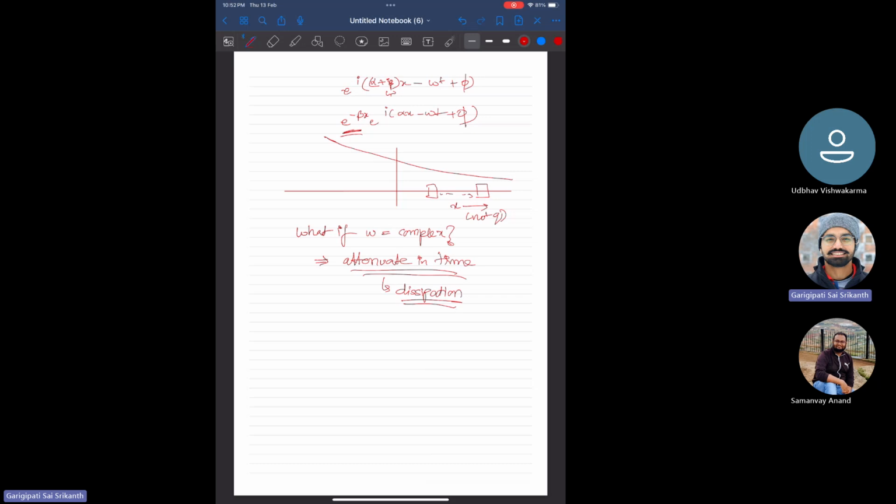Remember, there was some attenuation plot you were talking about. I haven't shown it in this course, but outside the course we had spoken about it.